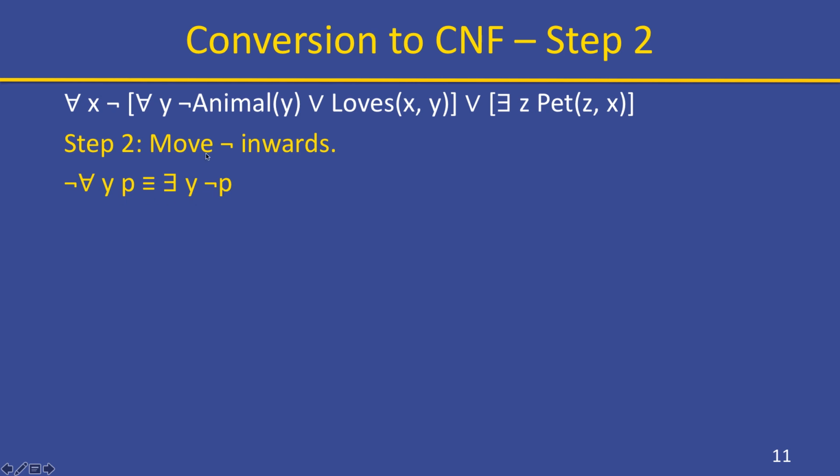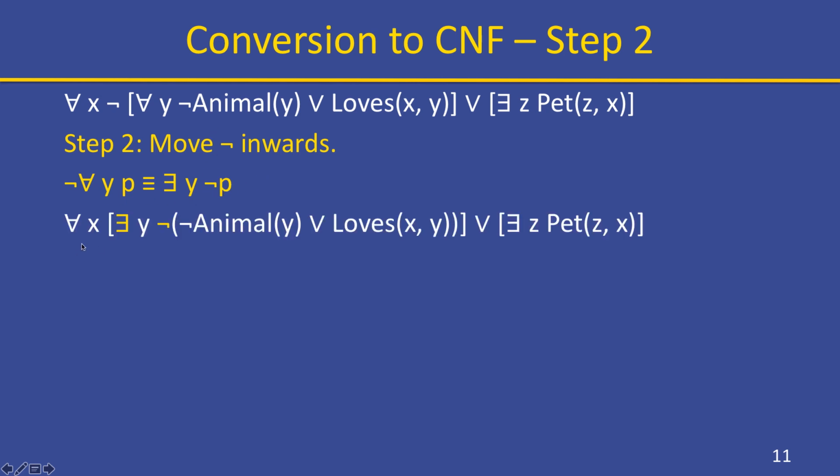So let's apply this to our sentence. We get, instead of not for all y, there exists y not. This is our p here, and we put the not in front of the whole sentence. So there exists y not p, and this part of the sentence has not changed.